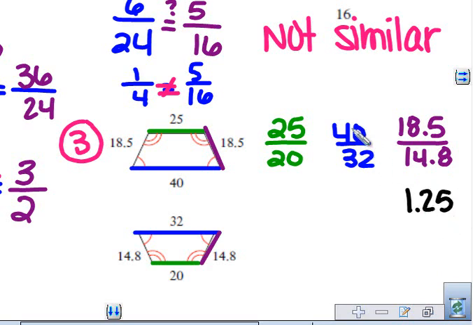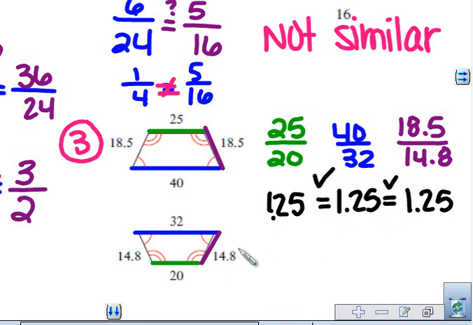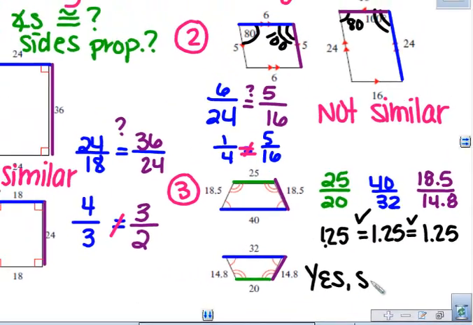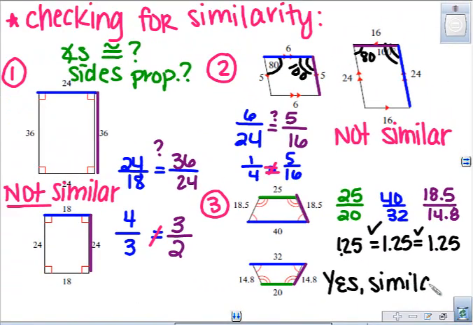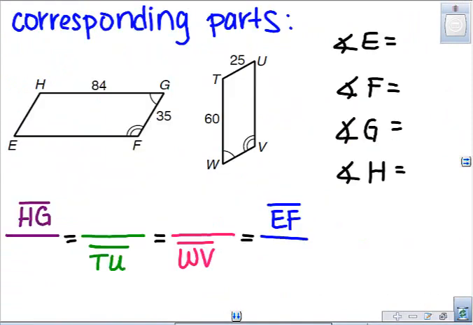Okay, you can do the same thing here. 40 divided by 32 is 1.25. 25 divided by 20 is 1.25. So all 3 of these are equal. So yes, these are similar trapezoids.